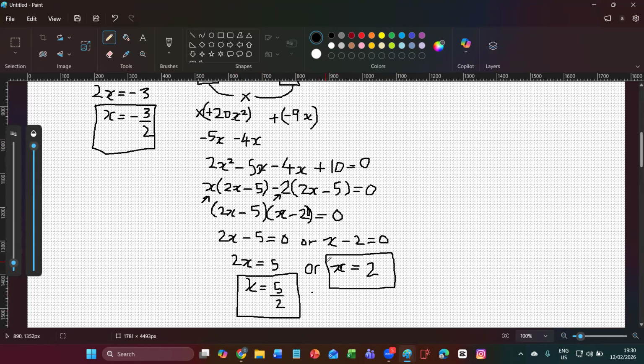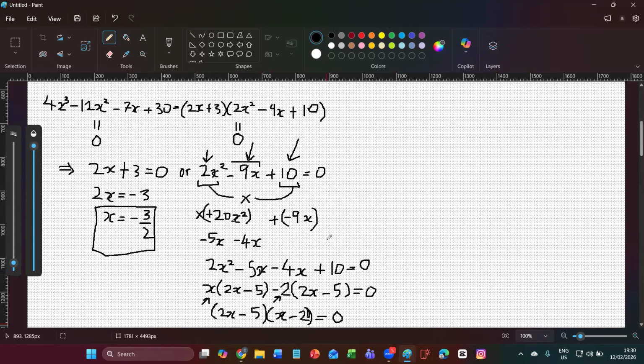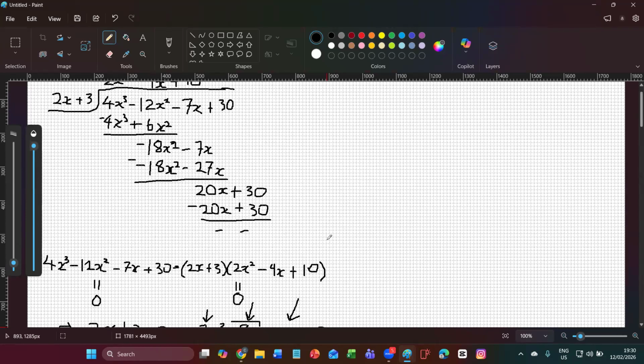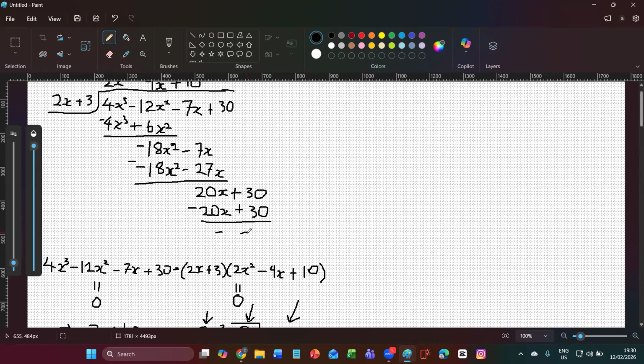If you know what you are doing, you can be confident that if you just follow through. In fact, the first place that I had confidence that we were doing the right thing was when the remainder came to zero, because they had told us from the question that 2x plus 3 is a factor of the long division.